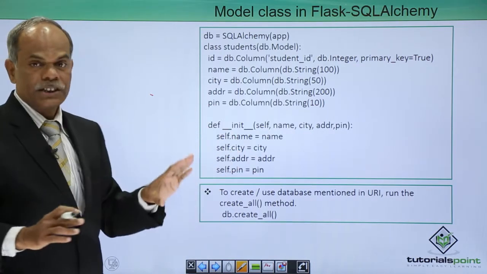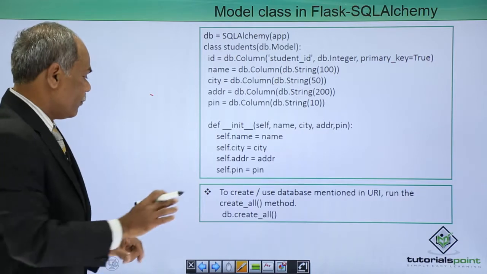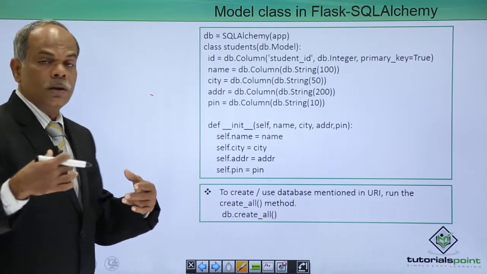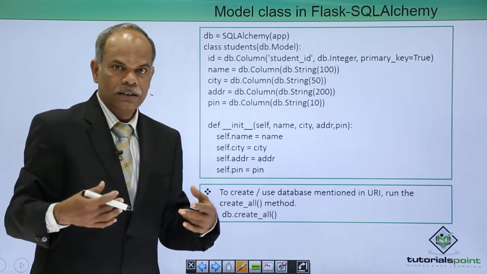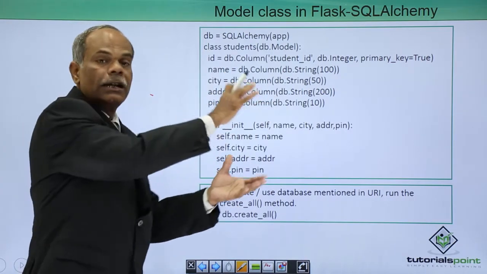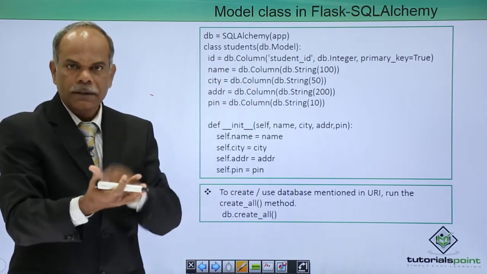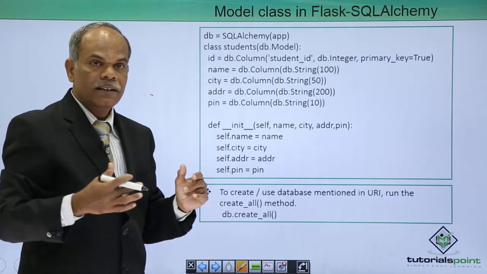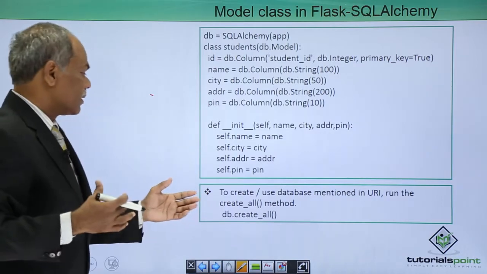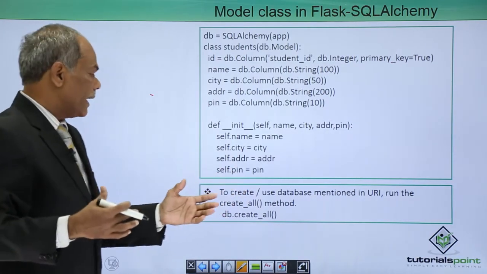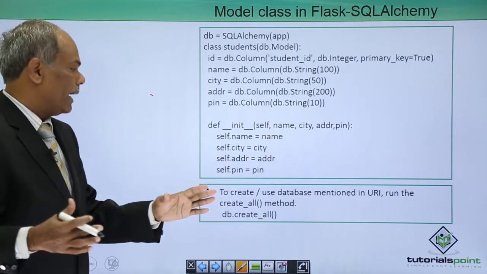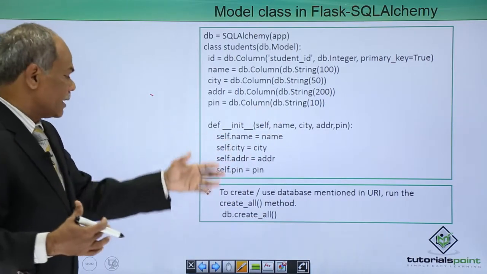So this will be initialized and the object will be created. When the object is created, it will be used for further processing. Now that the model is declared, the database is in place, the table is there, the model is created. db.create_all executes the database-related activity to create or use the database mentioned in the URI and create the tables.